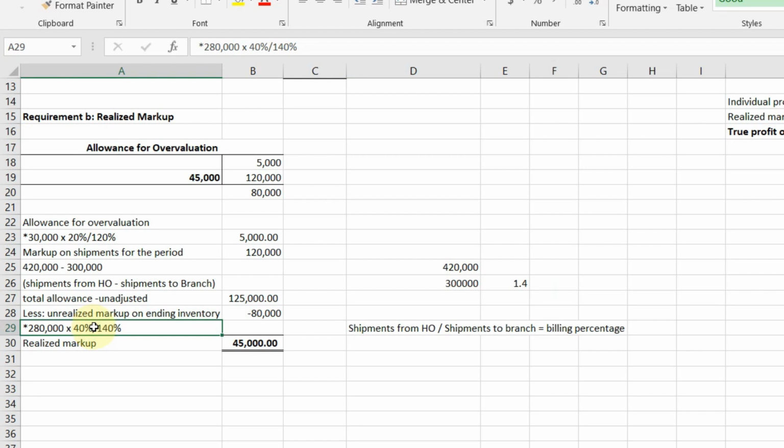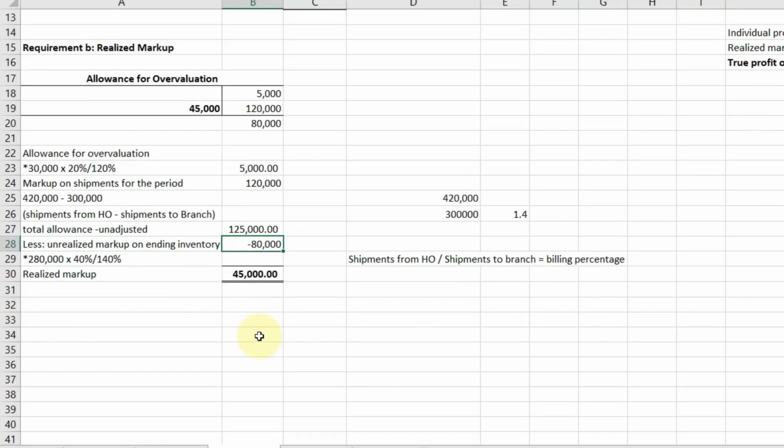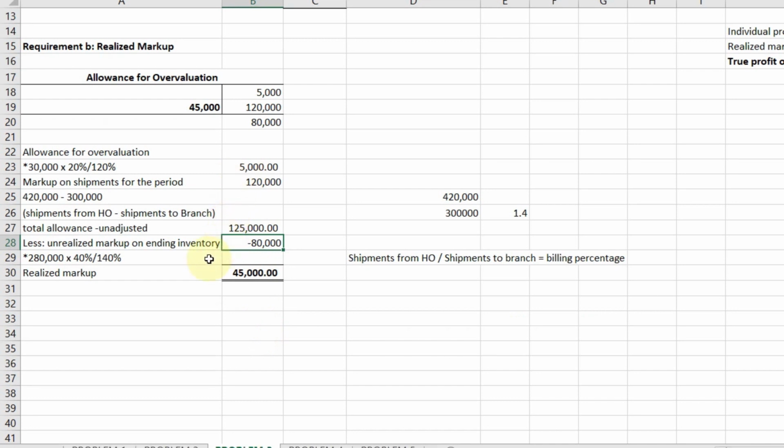From home office na 280,000 times 40% markup divided by billing percentage of 140%, you'll get 80,000. Okay, you have to remember this, guys. Not all the time parehas ang billing percentage ng beginning inventory and ending inventory. And if stated otherwise, the general rule is naka-FIFO method yung company. Okay? So, you deduct 80,000, you have 45,000 realized markup.